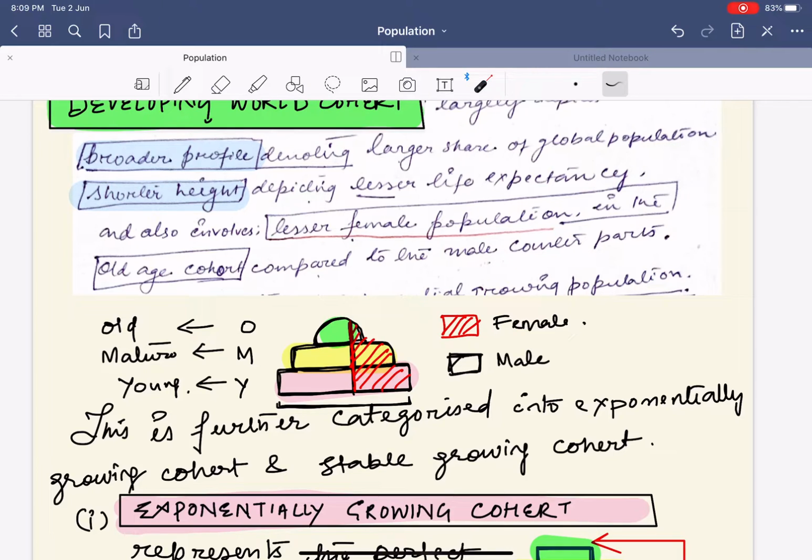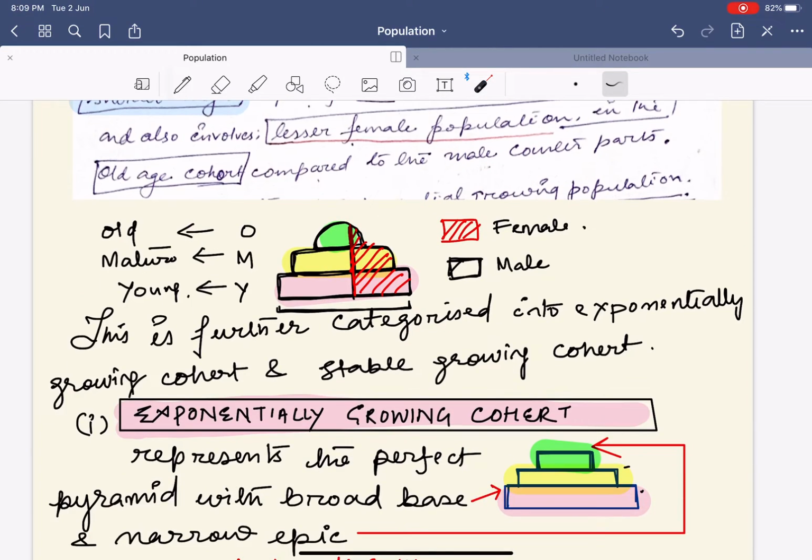The sex ratio is always in favor of the male when compared to the female. So obviously in the old age cohort, the sex ratio will always be dominant in the male category, whereas in the female category it would be less, as we see over here.